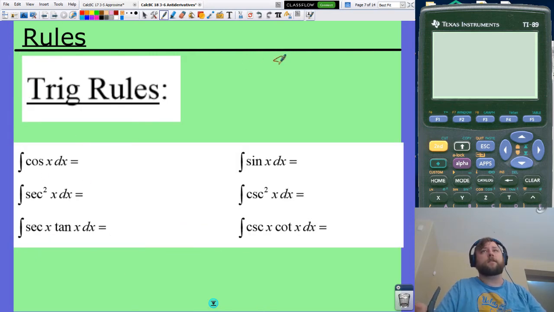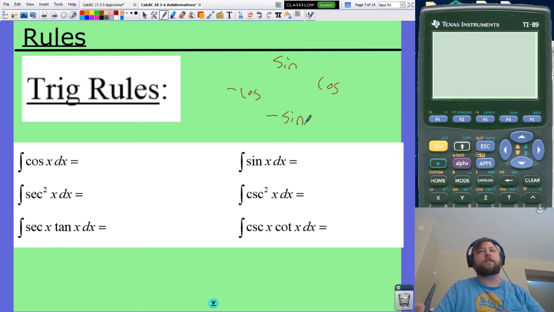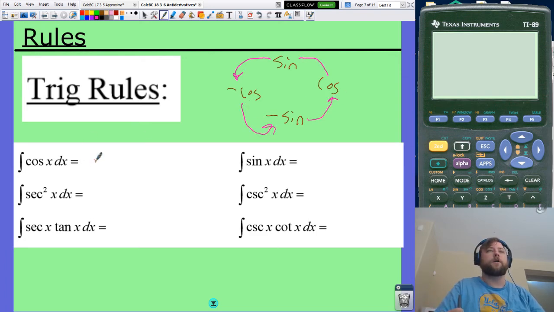Okay, trig rules. Remember sine, cosine, negative sine, negative cosine. This was derivatives going this way. Going backwards is the antiderivative. So you just go backwards. So the integral of cosine is sine. The integral of secant squared is going to be tangent of x. The integral of secant x tangent x is going to be secant of x.